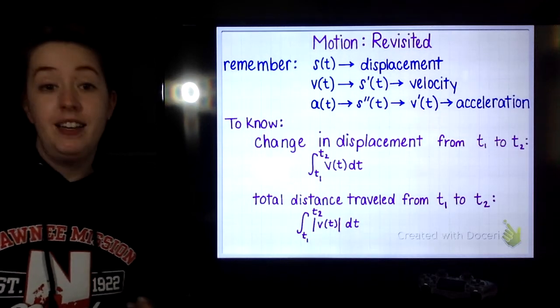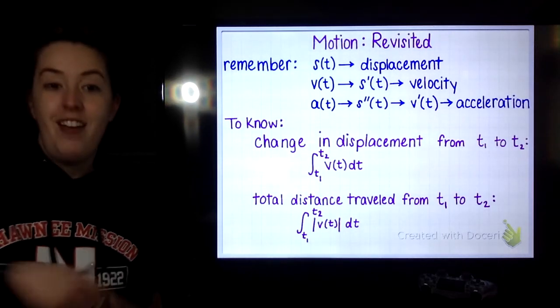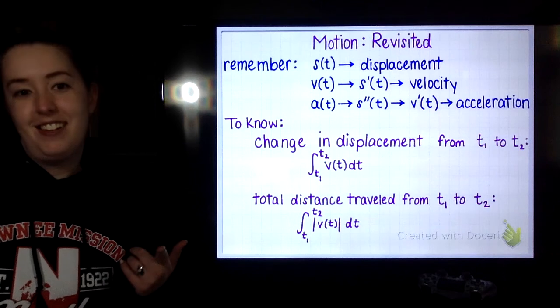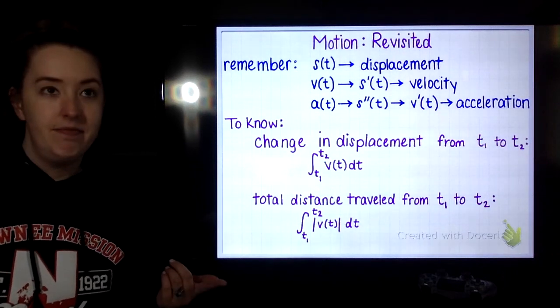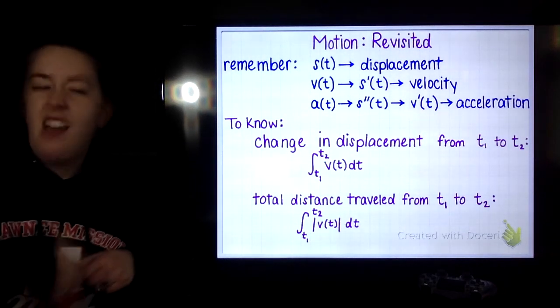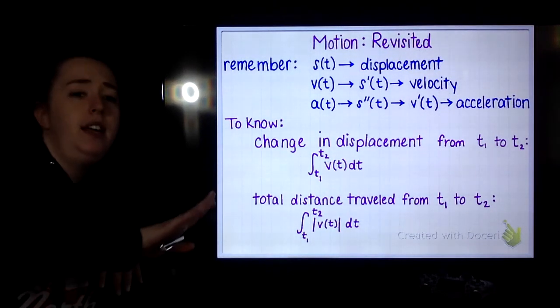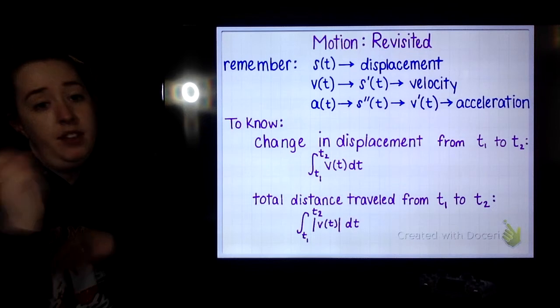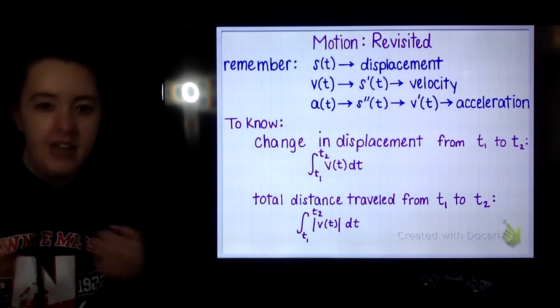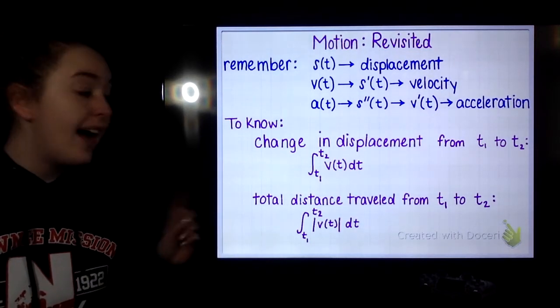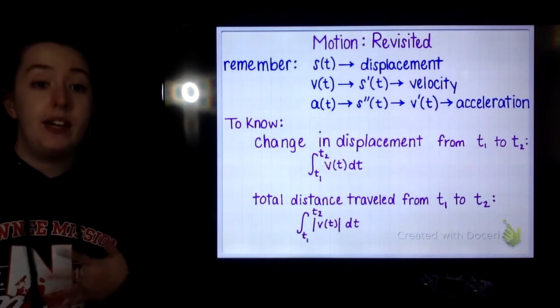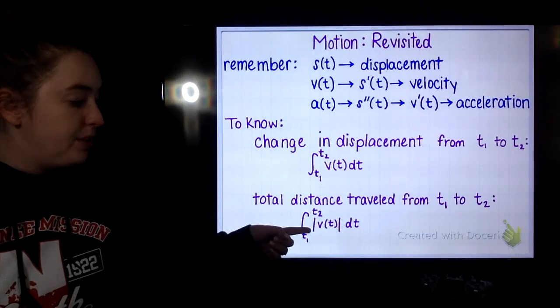But maybe during that time from 3 to -2, you went up to 5, down to -8, up to a billion, down to 70 million, back up to, you know what I'm saying, right? So to get that total distance traveled during that time, we take the absolute value.